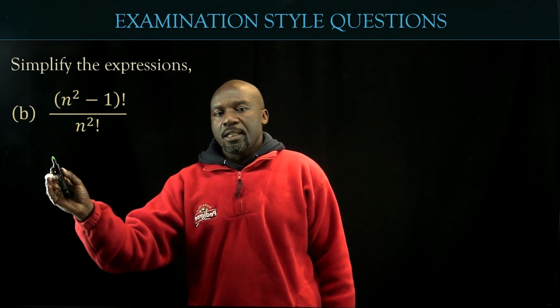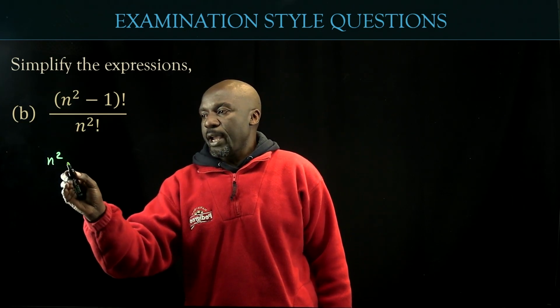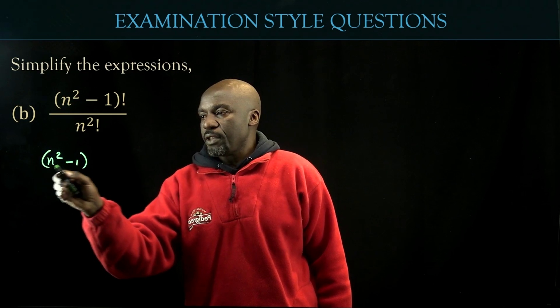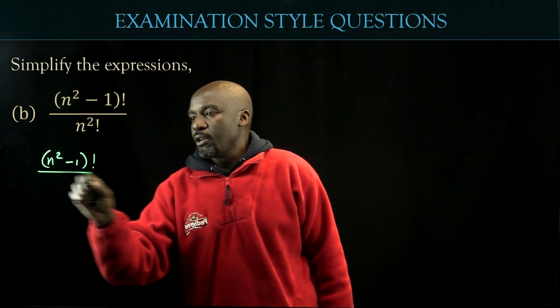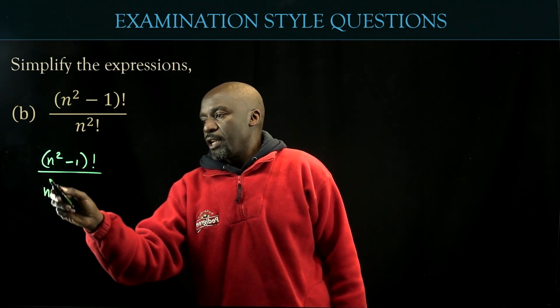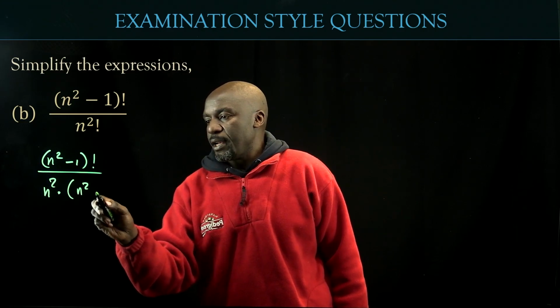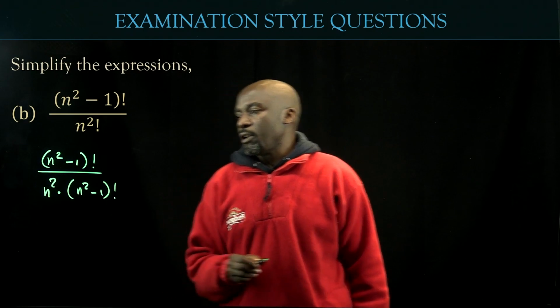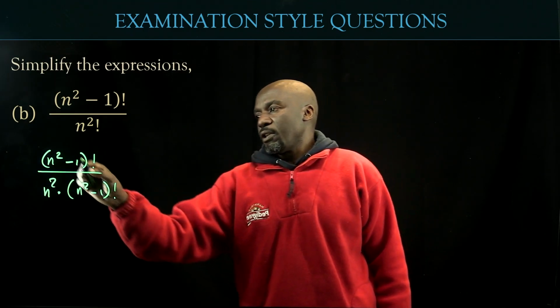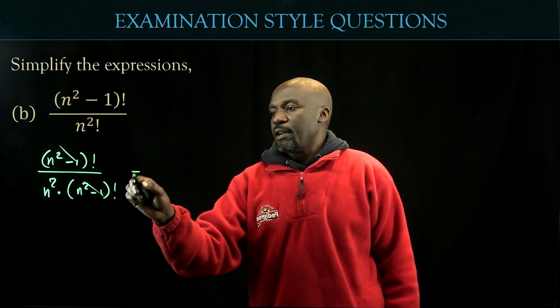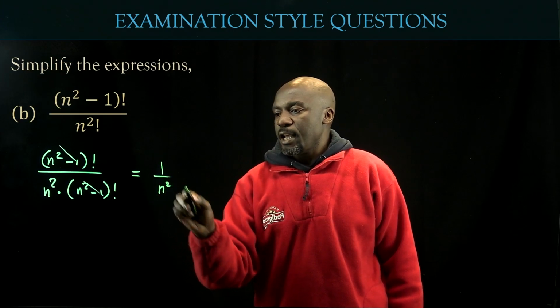So I'll write this as n squared minus 1, everything factorial, and the denominator will be n squared times n squared minus 1 factorial. You can see the factorials can cancel, and I'm left with 1 over n squared.